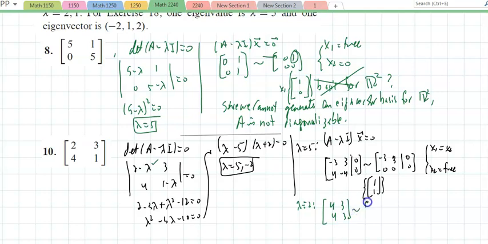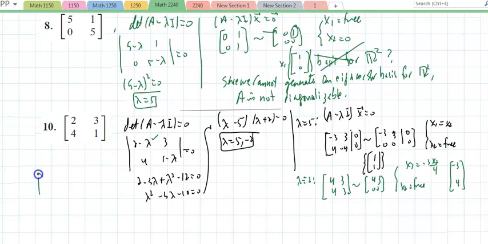So that is 4, 3, 0, 0. That means x2 is free, and x1 is negative 3 x2 over 4. If I multiply by 4, it should be 4, negative 3. They don't like fractions; they're not going to write that as fractions.